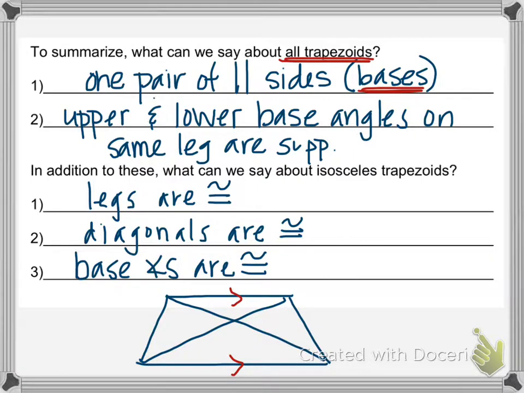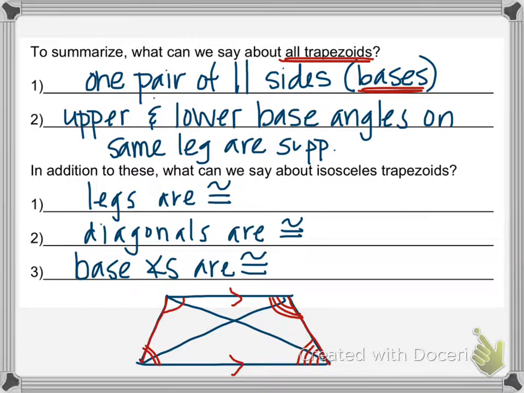The other thing is that the upper and lower base angles on the same leg are supplementary. So this angle and this angle add up to 180 because they're on this same leg. And then this angle and this angle add up to 180 because they're on the same leg. This leg right here. Okay, those are same side interior.